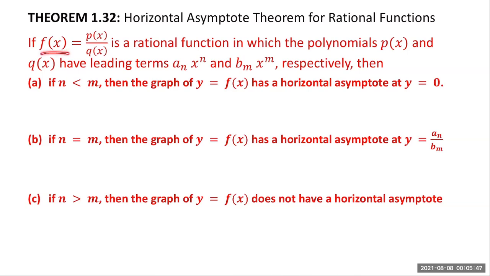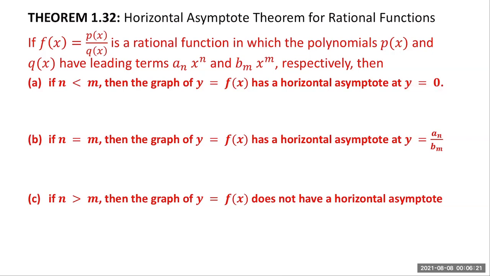If f of x is equal to p of x divided by q of x is a rational function in which the polynomials p of x and q of x have leading terms a_n times x to the power n and b_m times x to the power m respectively, then if n is less than m, the graph of y is equal to f of x has a horizontal asymptote at y is equal to 0.